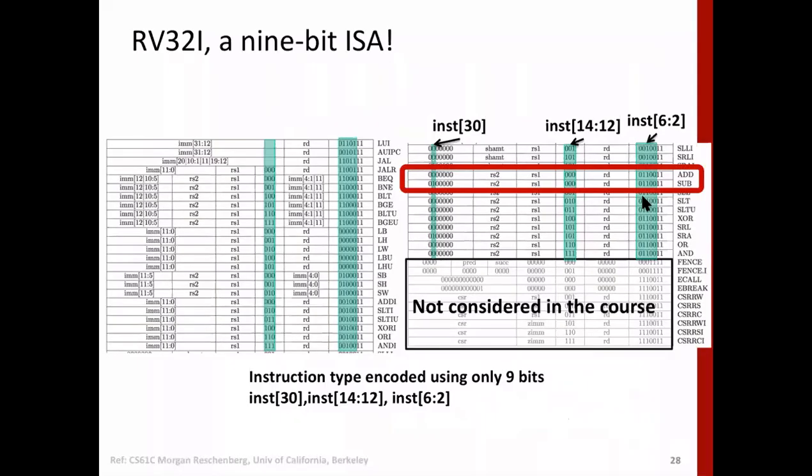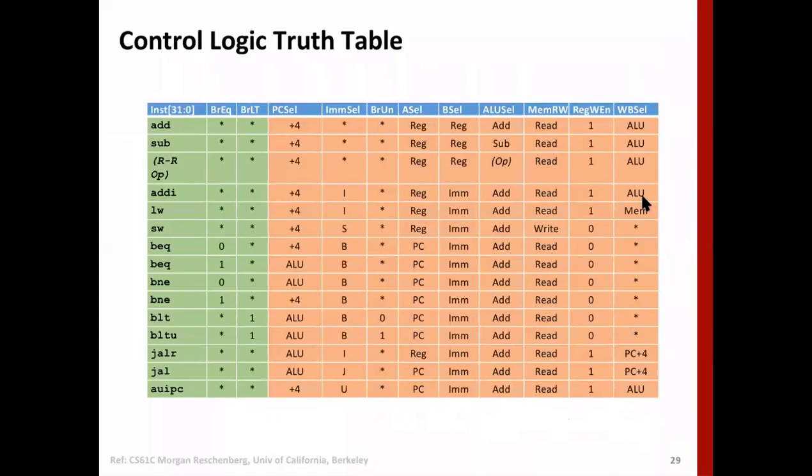Let's look at it now for a simple instruction. So let's look at the add and subtract instructions. Now you look at these bits. Can you say for add what should be the control signal based on these 9 bits? Again, this is the same thing that we have shown earlier.